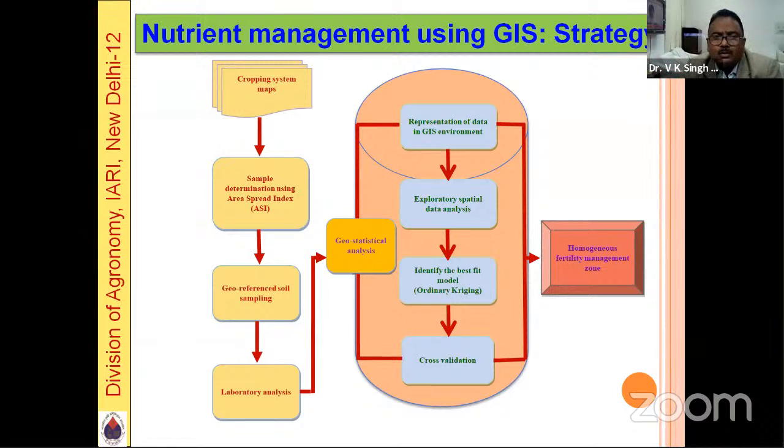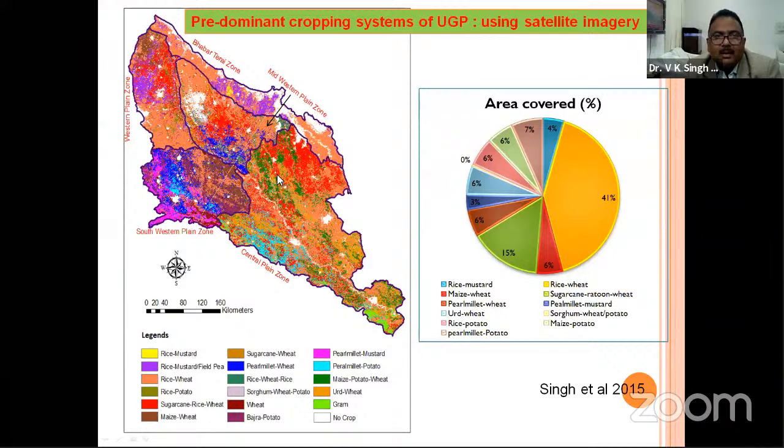And these are some uses of our remote sensing, means what kind of crop is being grown. This is for the whole upper Gangetic plain. But for a village, for a district, for a taluka or a block, you can do it like this. Remote sensing data is freely available on site.